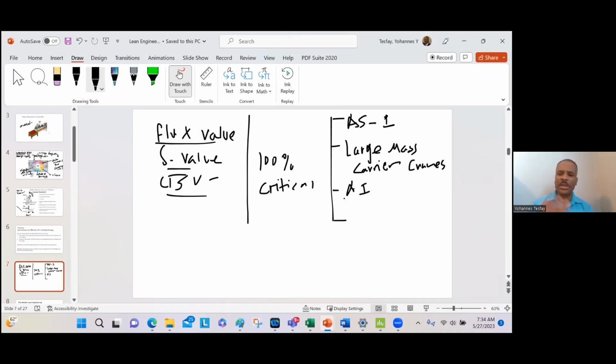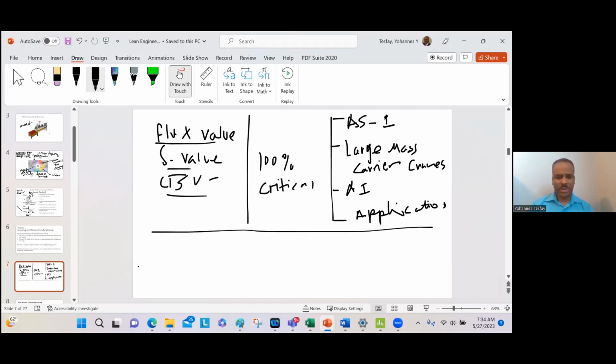A lot of applications are there, in hydraulics or whatever, just like that.